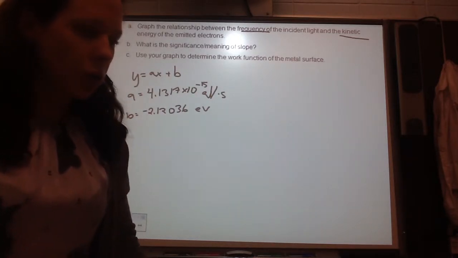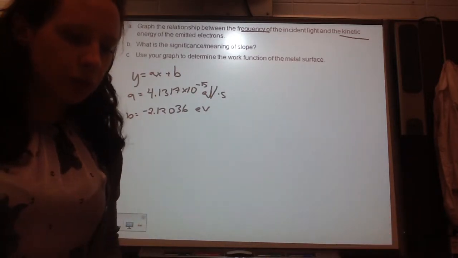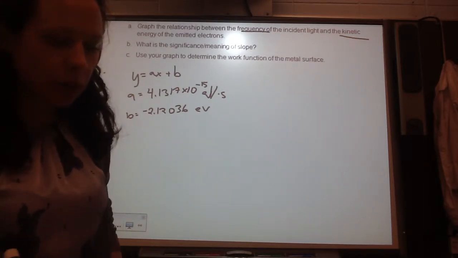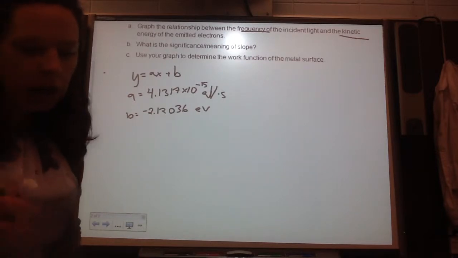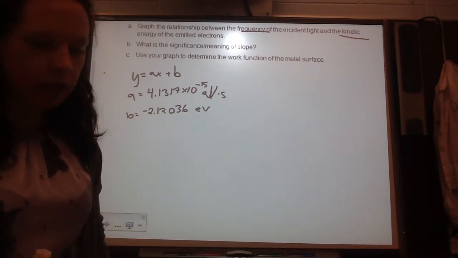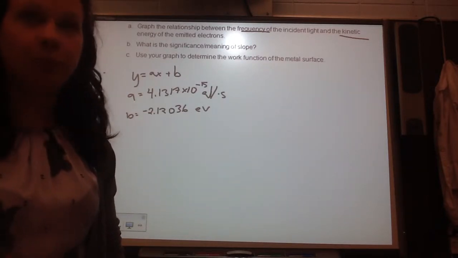Your slope should be about 4.13 times 10 to the negative 15 eV times seconds, and your y-intercept is negative 2.12 eV.